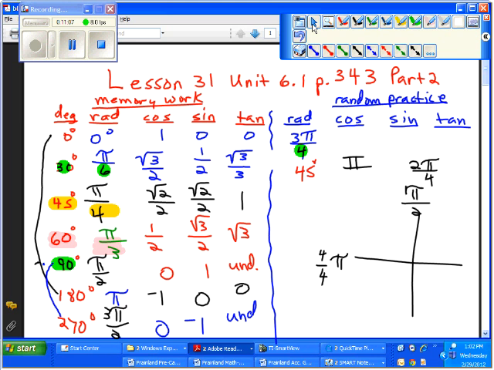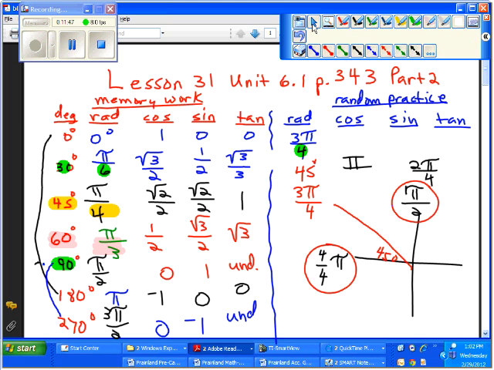Now, if my reference angle is 45 degrees, then what does that mean? It means that my terminal side is 45 degrees away from the x-axis. And so 3 pi over 4 is here, somewhere between 2 pi over 4 and 4 pi over 4. Since my reference angle is 45, it means I'm 45 degrees before I hit the x-axis again. And I'm in quadrant 2.